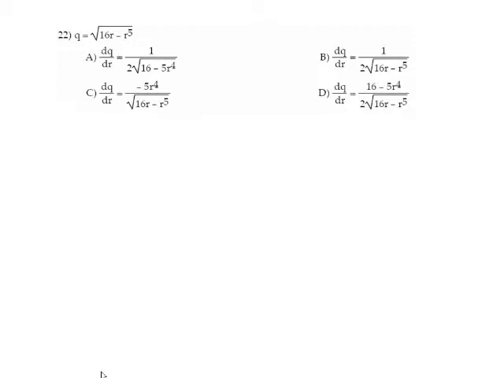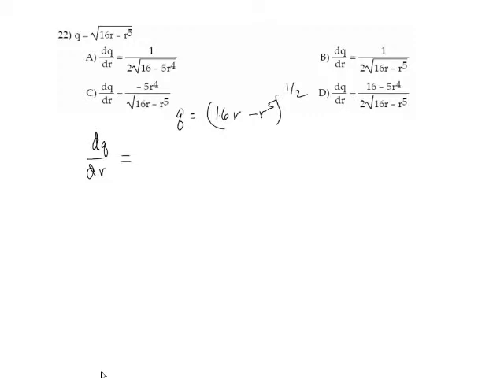Problem 22 is another chain rule problem. dq dr. First of all, write q is equal to 16r minus r to the 5th, to the 1/2 power.